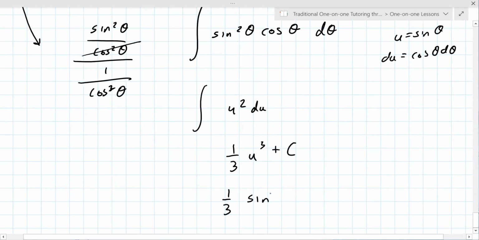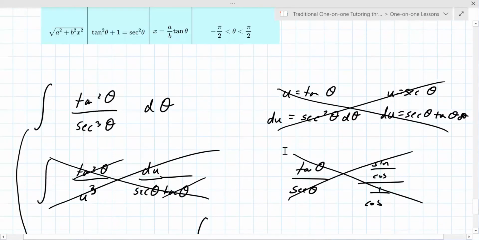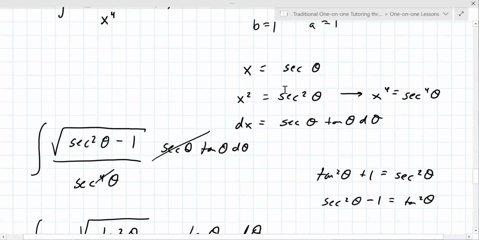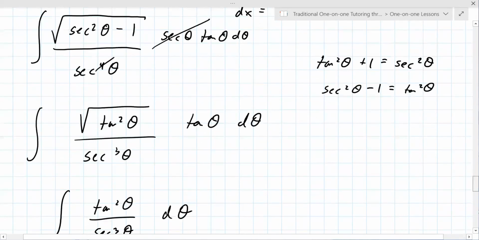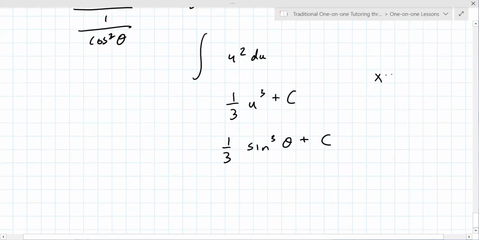Don't forget that. Then you're really supposed to do it back in terms of the original variable. If you've gotten this far, you might forget where we even started. It's right here, and that's where you draw the triangle. So x is secant theta. That means x over 1 is secant theta, but secant's really cosine.